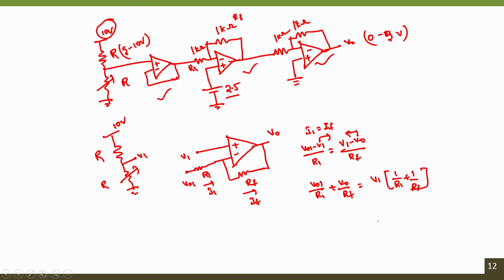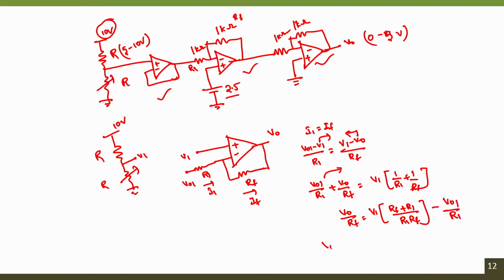So, since we require a relation between V0, V1 and VO1, taking VO1 in this direction, V0 by RF is equal to V1 into RF plus R1 divided by R1 RF minus VO1 by R1.